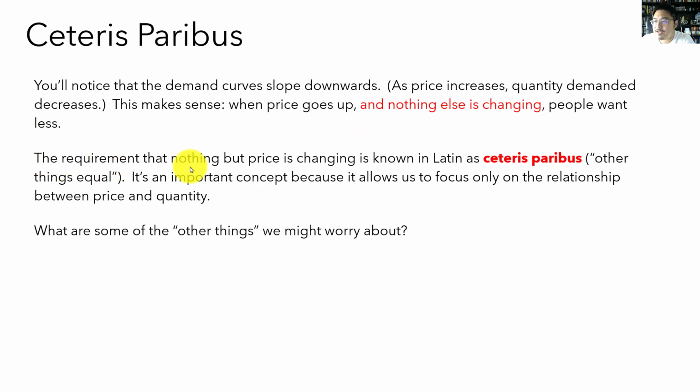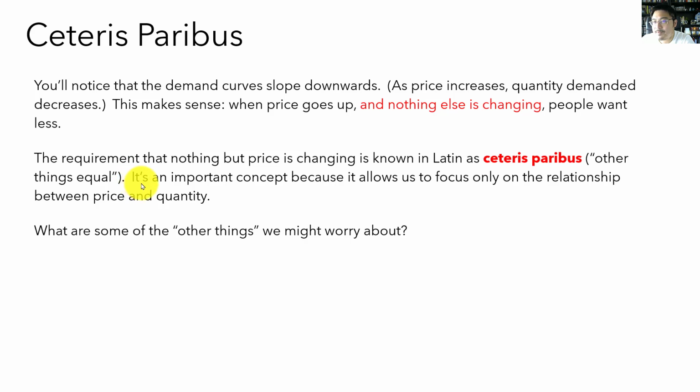Now this requirement that nothing but price is changing is known in Latin as Ceteris Paribus, which is just a fancy way of saying other things equal, okay? Right, Ceteris, if you've ever heard et cetera, ceteris just means like things or other things. And paribus, if you've heard the word parallel, means similar or same, okay?